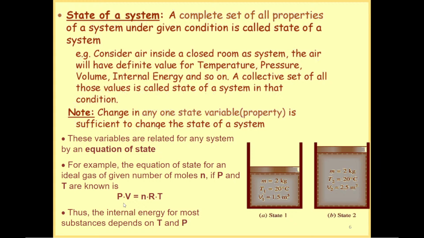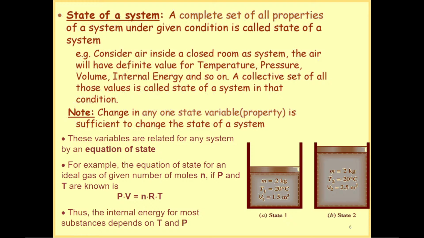It is the simple analytical equation expressing the relation between the properties of the system and the environment condition measures. Note that change in any one state variable is sufficient to change the state of a system.